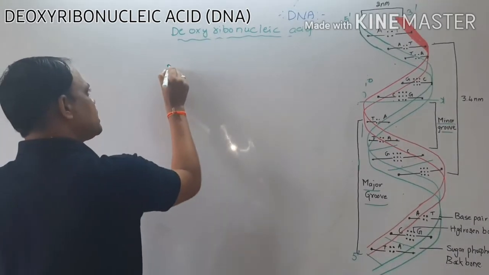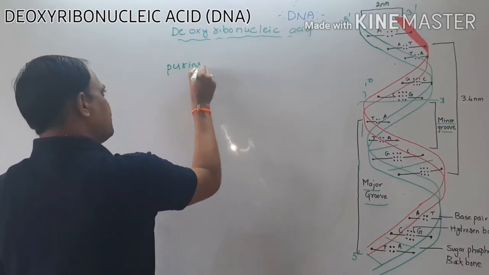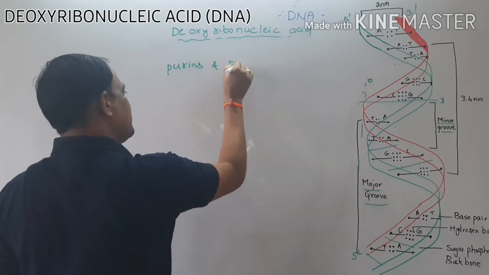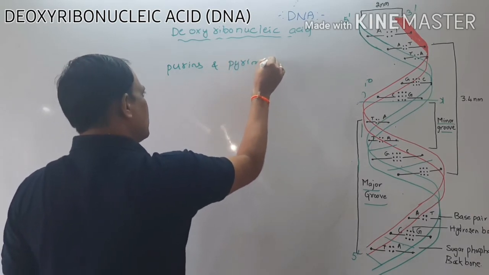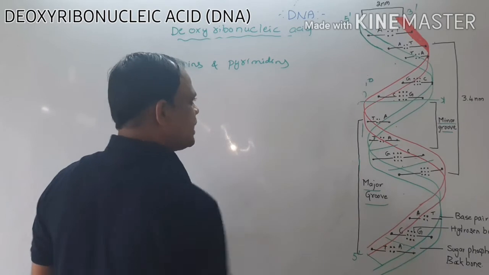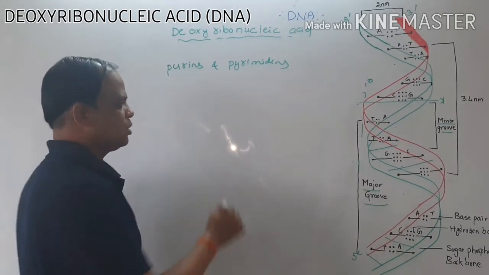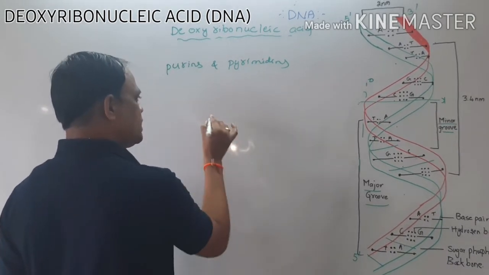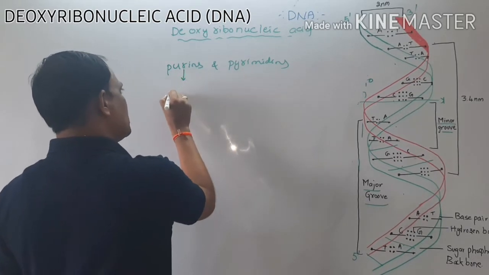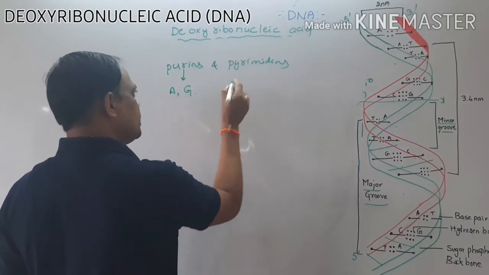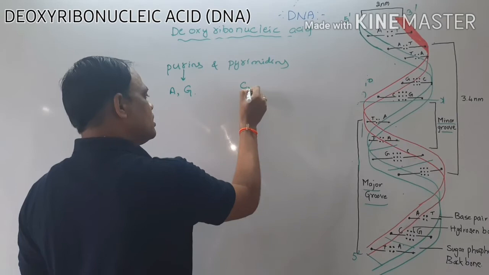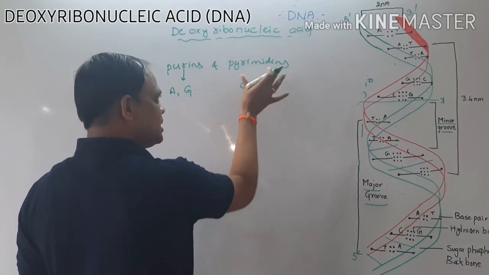The purines and pyrimidines are present in a DNA in equal ratio. Equal ratio means the purines are adenine and guanine, and the pyrimidines are cytosine and thymine. So this is the DNA.